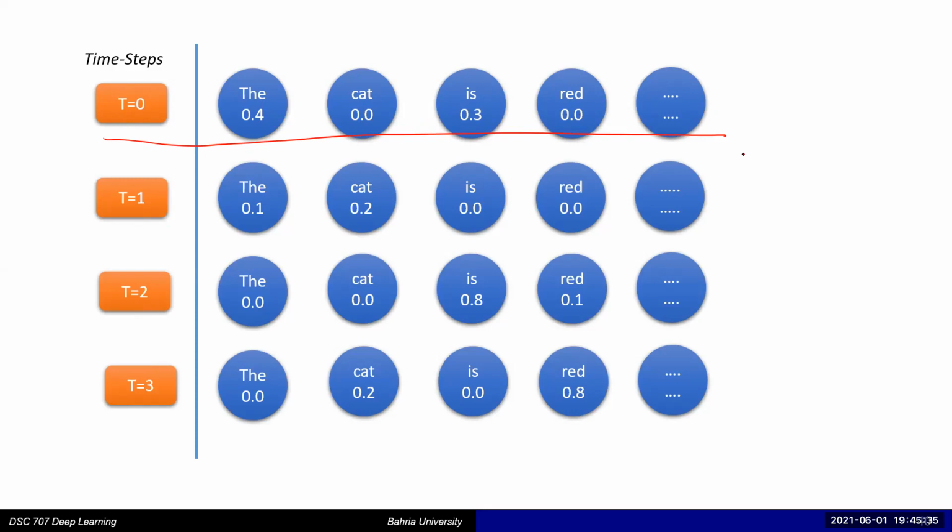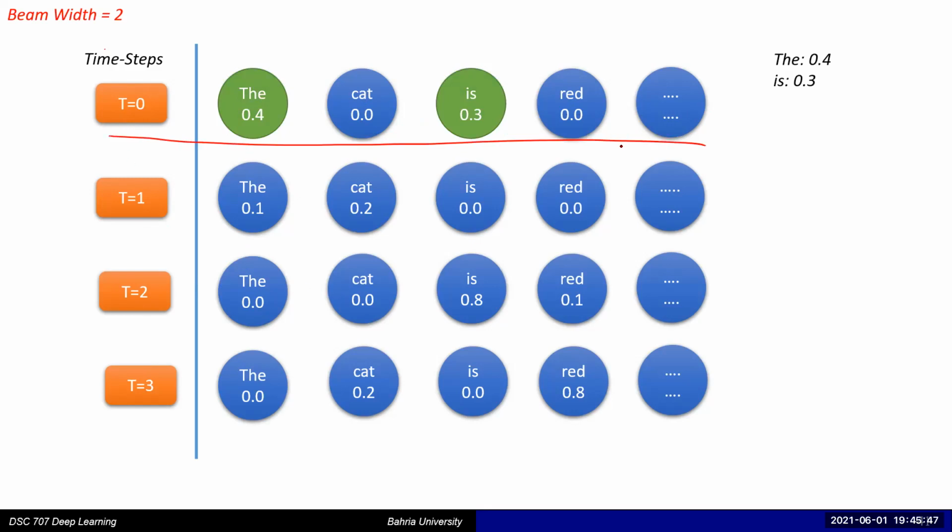There are many words, but we have just listed a few of them. In this example, beam width is 2. So at T0, I pick 2 words which have the highest probabilities. These are 0.4, which is "the", and 0.3, which is "is". The rest are either 0 or very low. So I have picked these 2 words. Why 2 words? Because beam width was 2. So the word "the" has probability 0.4, "is" has probability 0.3.